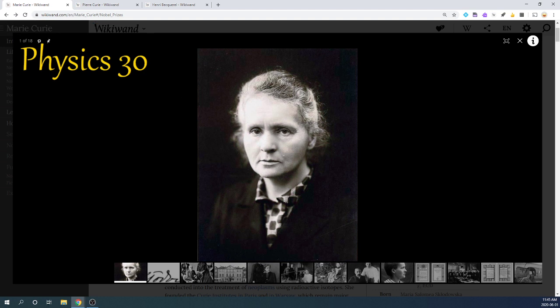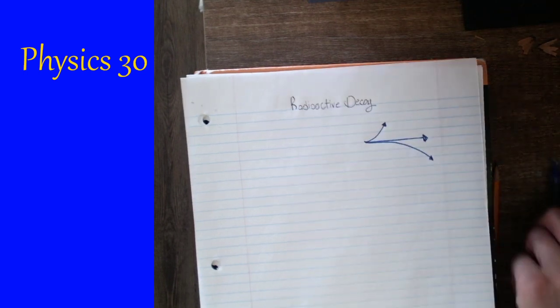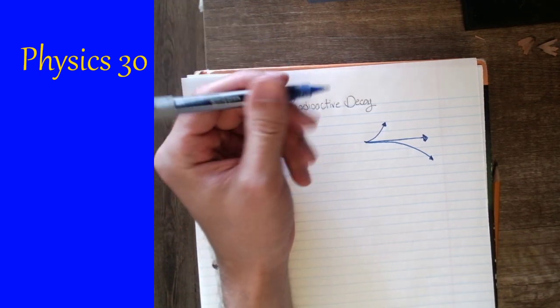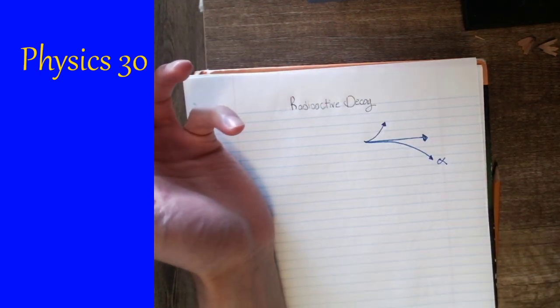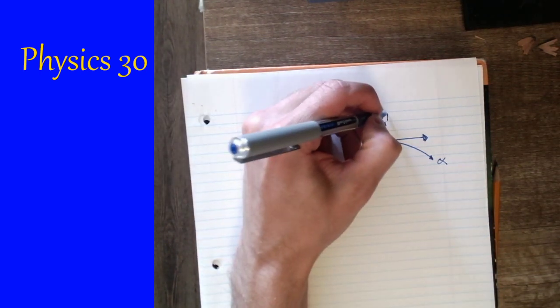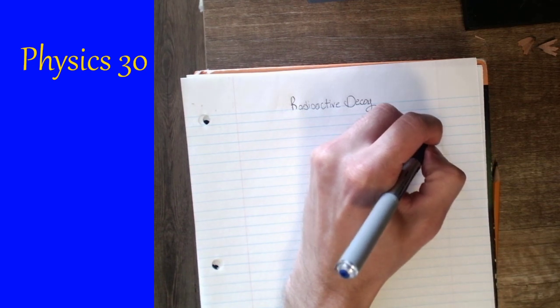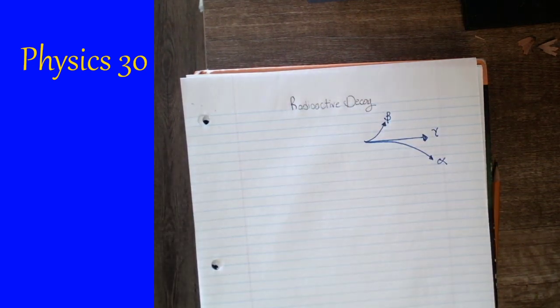So let me bring back the paper here, and radioactive decay or radiation kind of works in three different modes. And so we have three kind of lines drawn here. And so it was defined as alpha, beta, and gamma radiation.